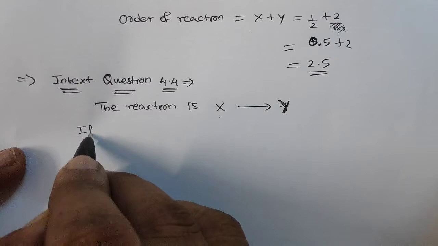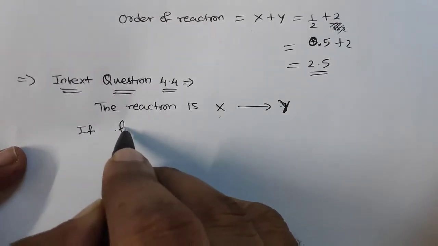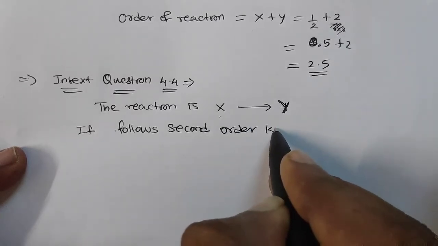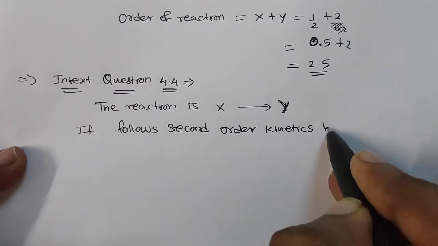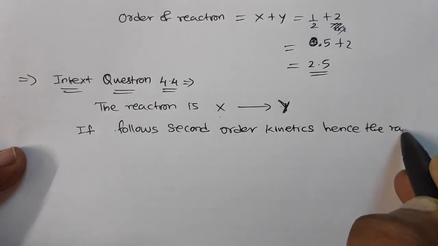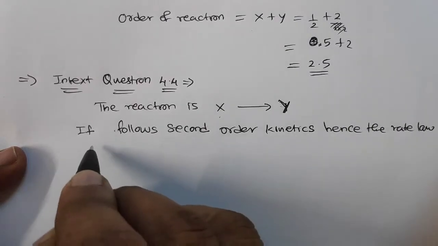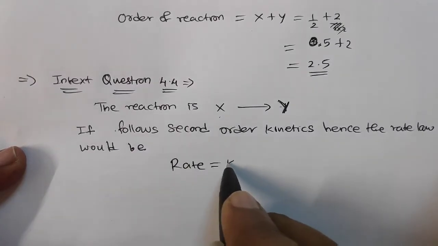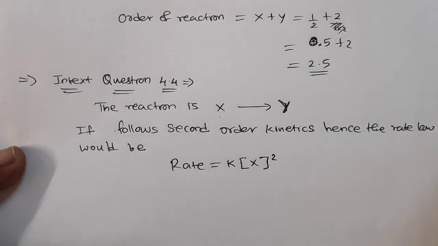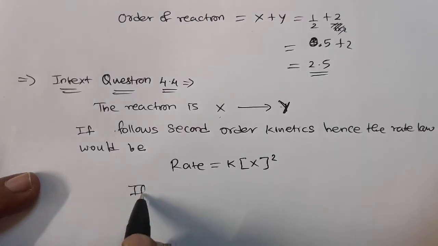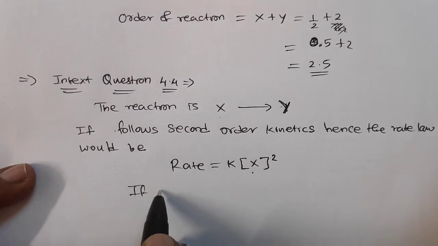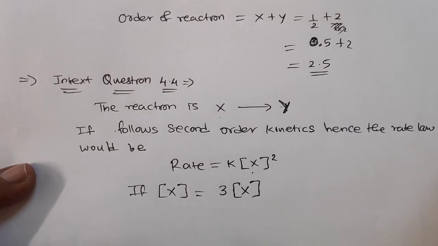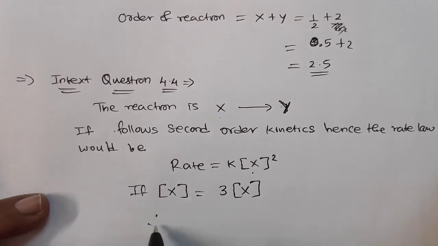Now it follows second order kinetics, clear? Hence we can write the rate law. What is the rate law? Rate will be equal to K into X raised to 2. Understood? Now it is given that it is increased by 3 times, so X becomes 3 times X. Then what will be the rate?